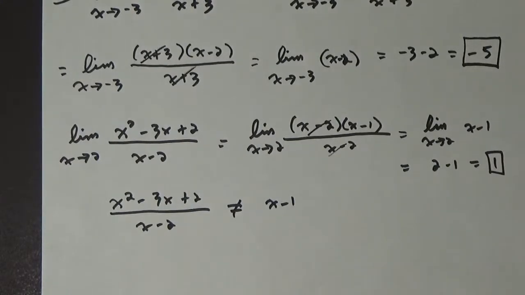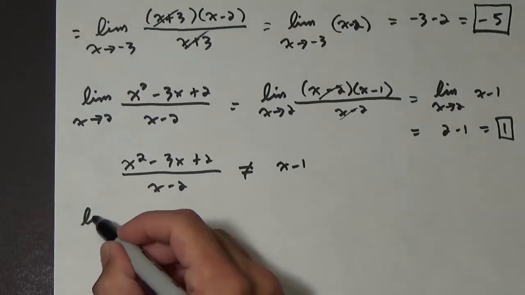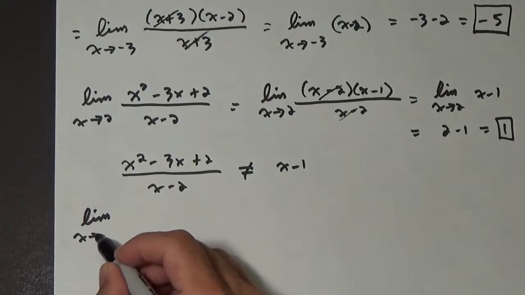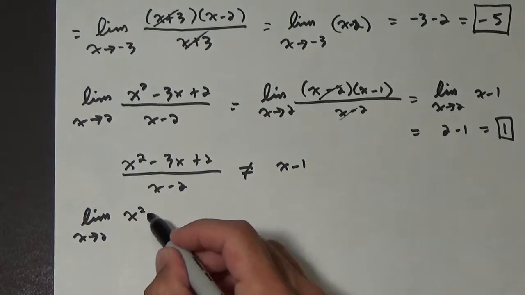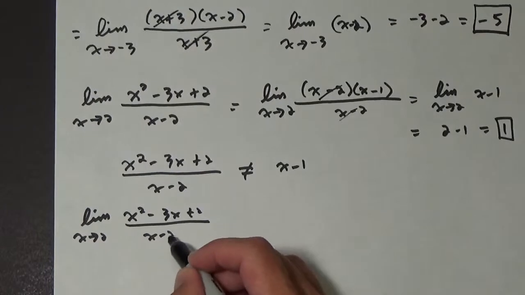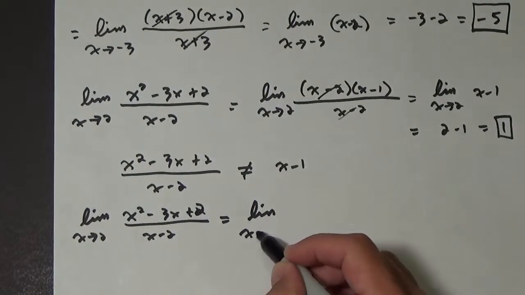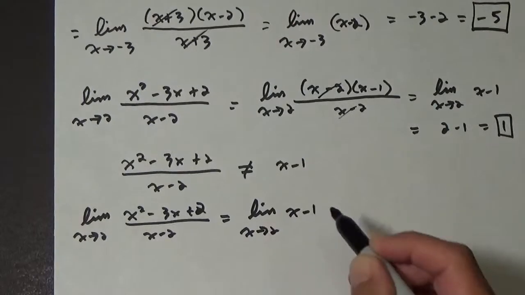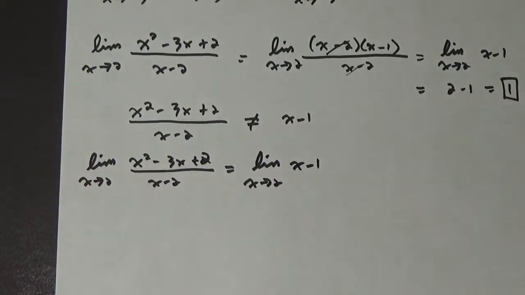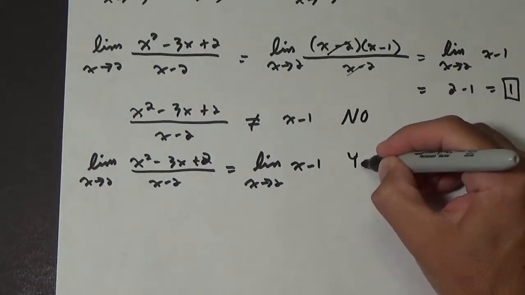So don't make that mistake. What we are saying is that the limit as x approaches 2 of x squared minus 3x plus 2 all over x minus 2 equals the limit as x approaches 2 of x minus 1. Those are equal. So this is no. This is yes.